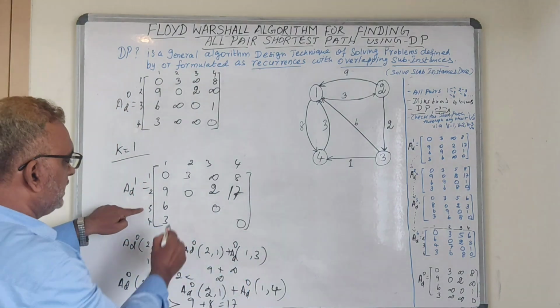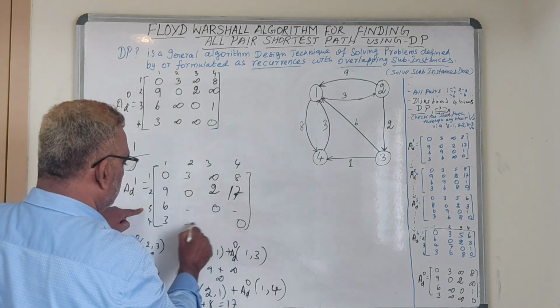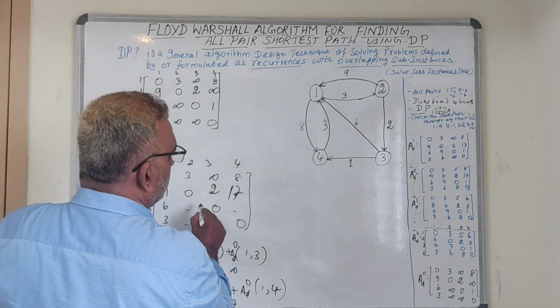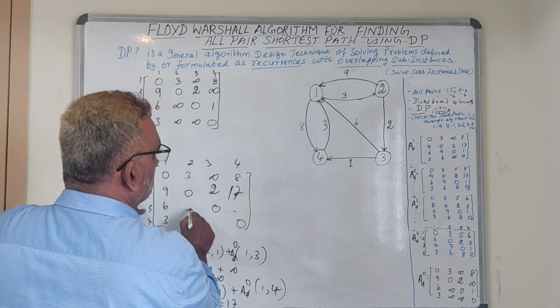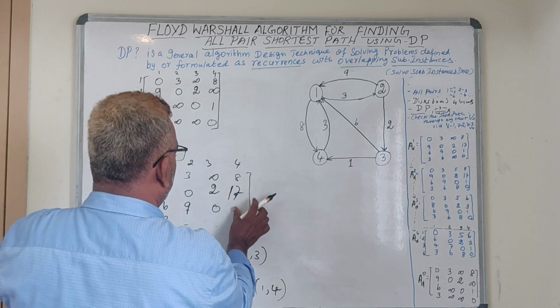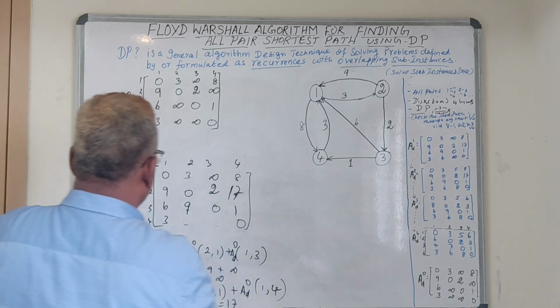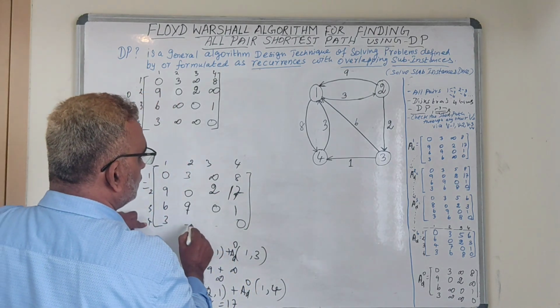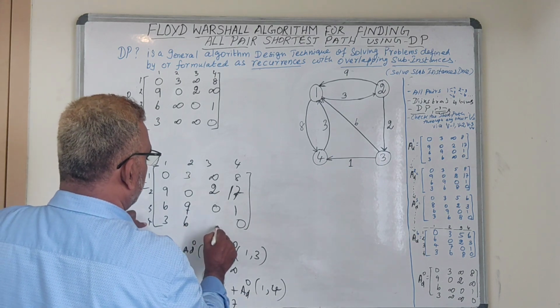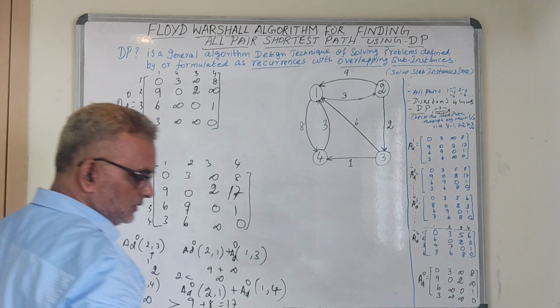Okay, so similarly we can find out the remaining values in the table. So 3,2 is 9, and similarly 3,4 is 1, and similarly 4,2 is 6, 4,3 is infinity, right?